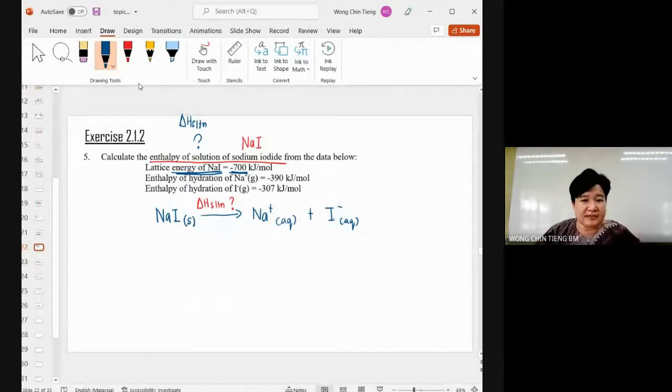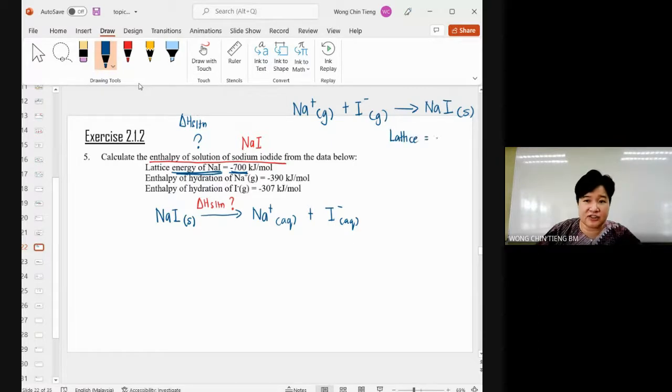So, lattice energy means I have my gaseous ions, Na plus gas plus my I minus gas forming my NaI, solid ionic compound. Gaseous ions forming 1 mole of solid ionic compound. That is my lattice energy. And the lattice energy is given negative 700 kilojoule.